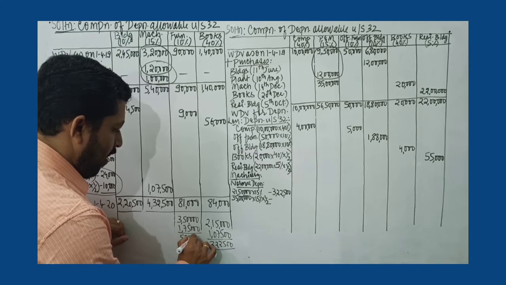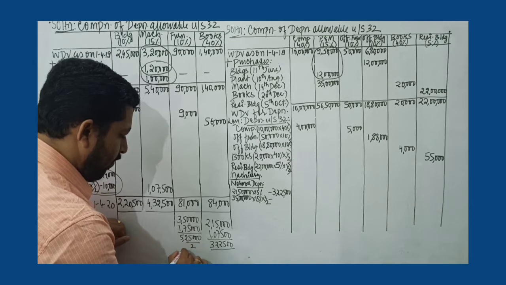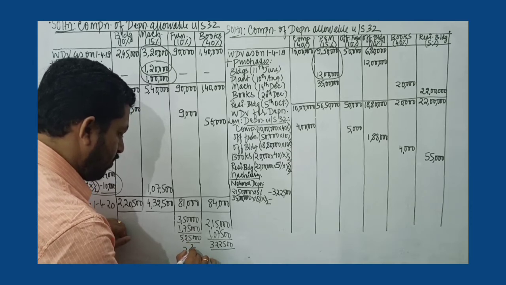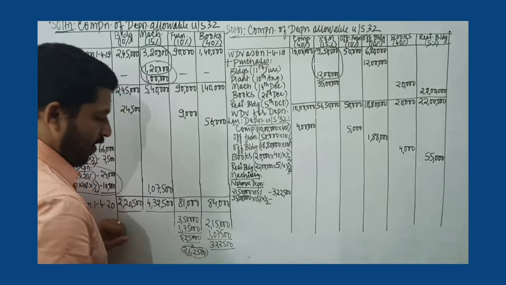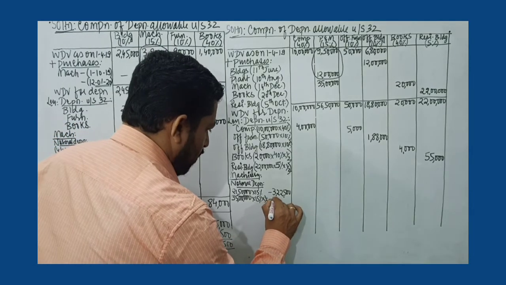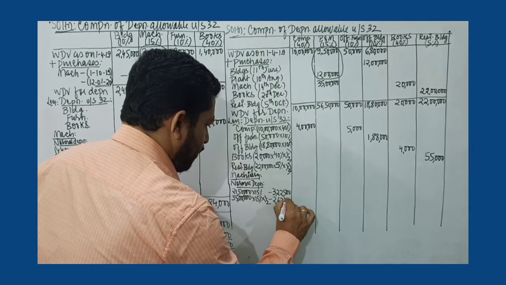So total would be 5,25,000, and half of 5,25,000, when I divide, I get 2,62,500. So I record 2,62,500.